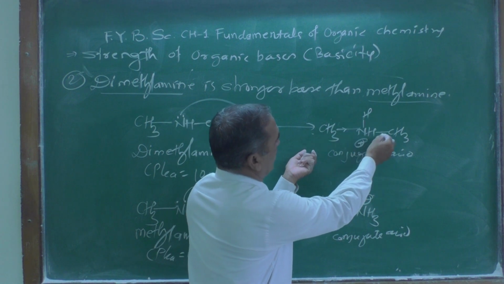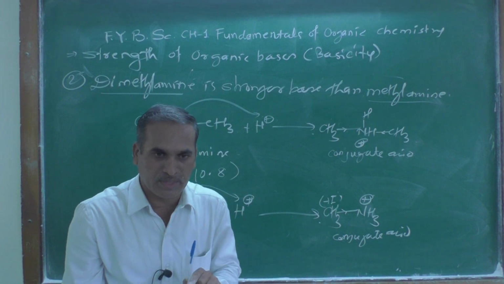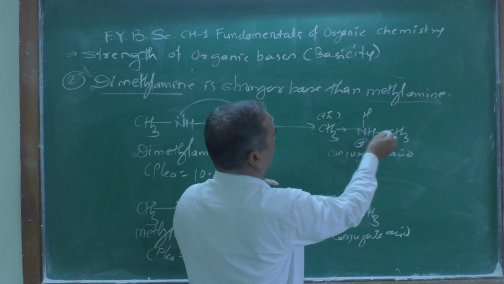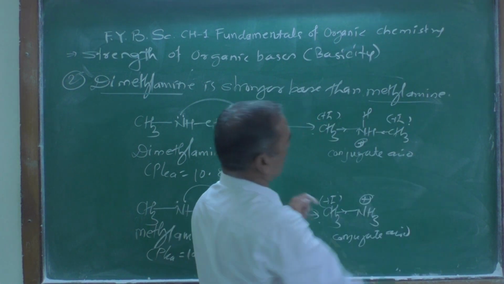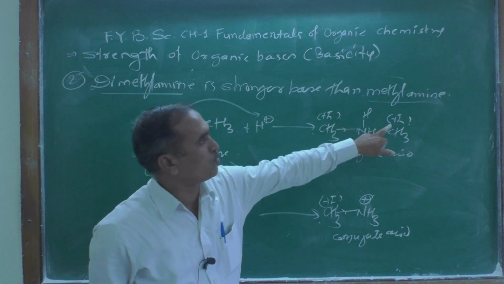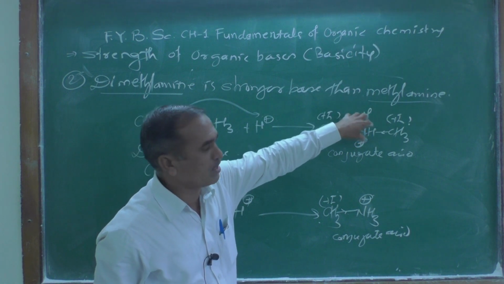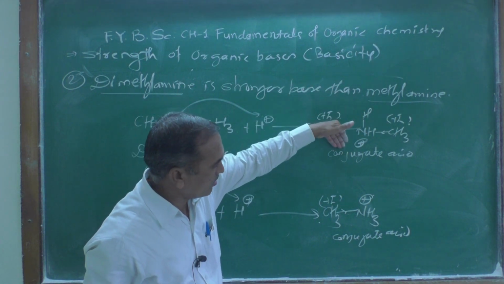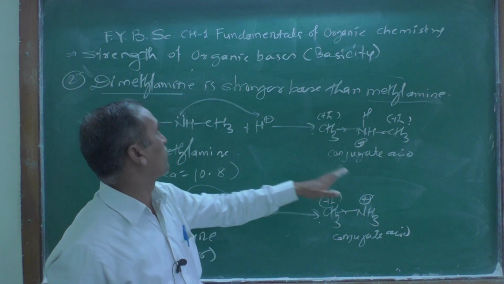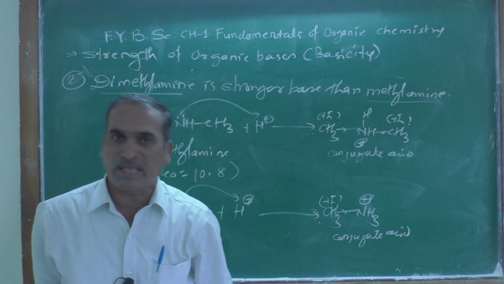Here are two methyl groups, both are electron donating groups. What type of effect do they show? They show the plus I inductive effect. If you compare the magnitude, there are two plus I inductive effects, so the magnitude of this plus I inductive effect is greater than this. Here is only one, here are two, and therefore dimethylamine is a stronger base than methylamine.